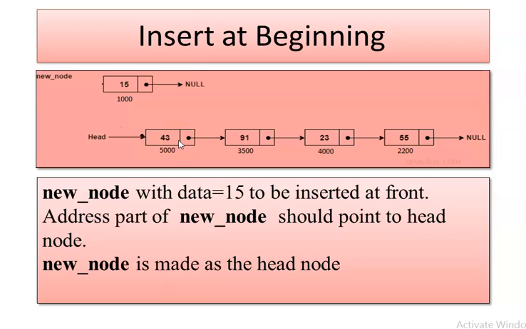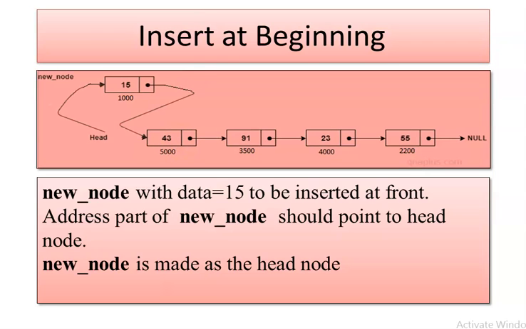So let us see how it is being done. After addition of this node, the list looks like this. This will become the first node. Normally head will be having the address of the new node. Earlier it was having the address 5000 because the node representing 43 was the first node of the linked list.